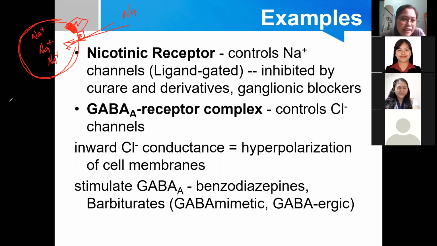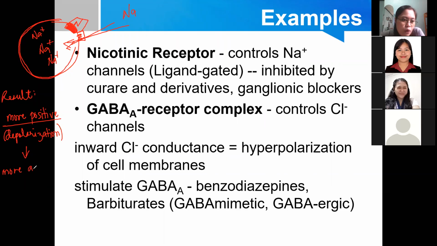And what do you mean kapag more positive? We call it depolarization. The cell will be depolarized, or magiging more positive siya, which means na si cell ay magiging more active.